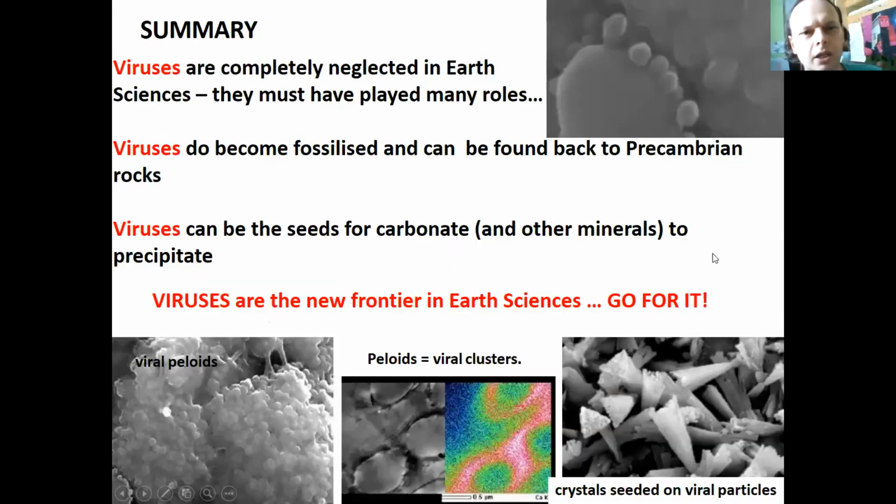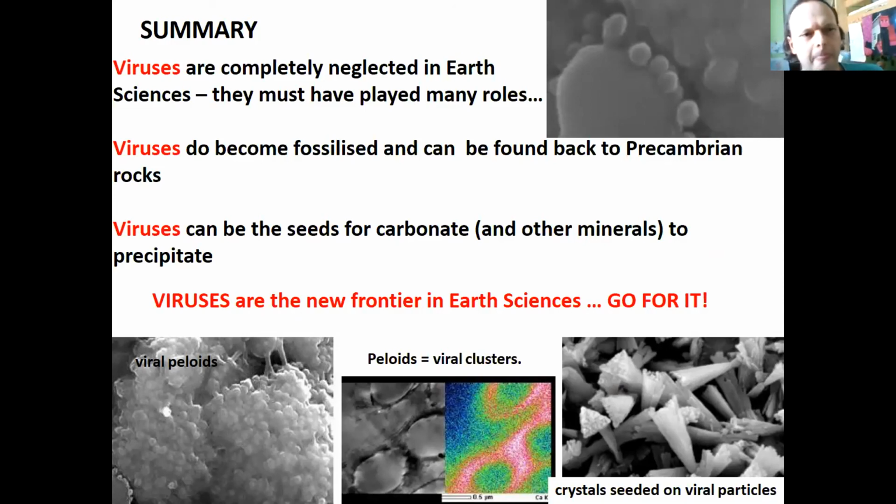And finally, we reached the end, and I'd like to only summarize that viruses, as you can imagine, were obviously neglected in Earth sciences so far, but due to their huge numbers on Earth, we might expect that they could have played many roles, even back to the Precambrian, back to the origins of life.